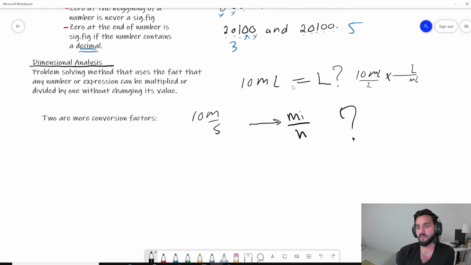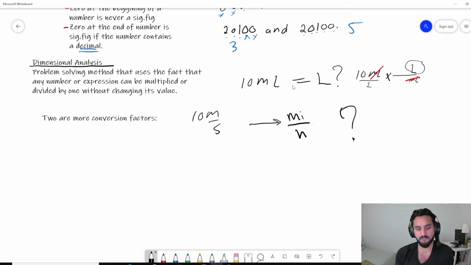To cancel these two out and have an answer in liters, you need to cancel these two. So this unit cancels out, and leaves us with L, which is liters.